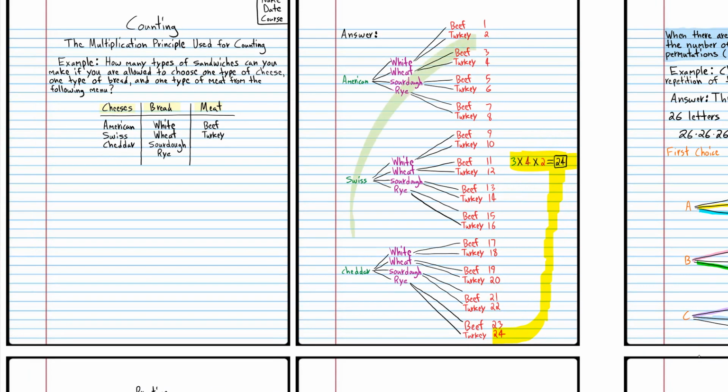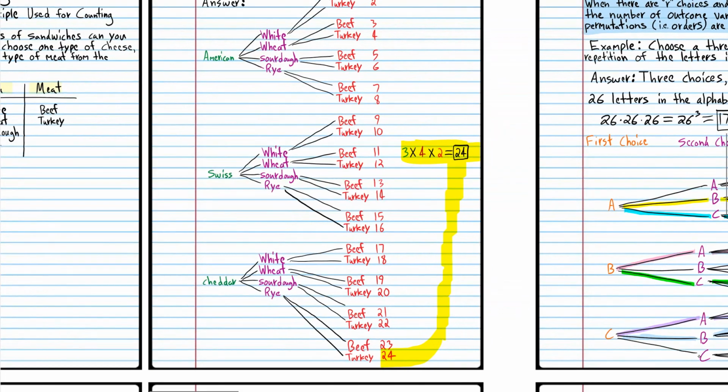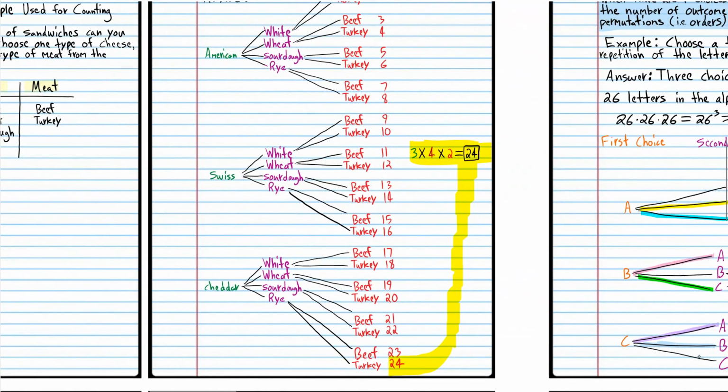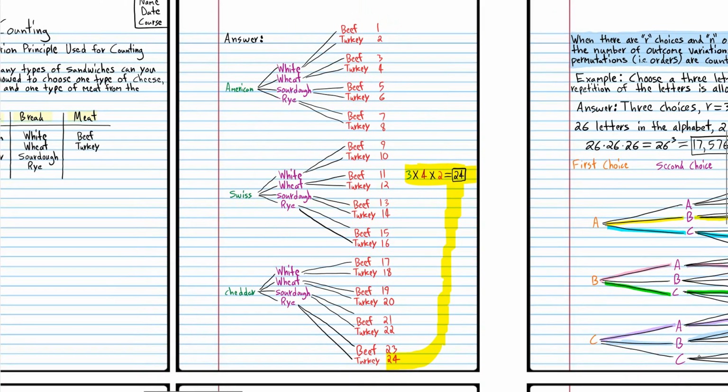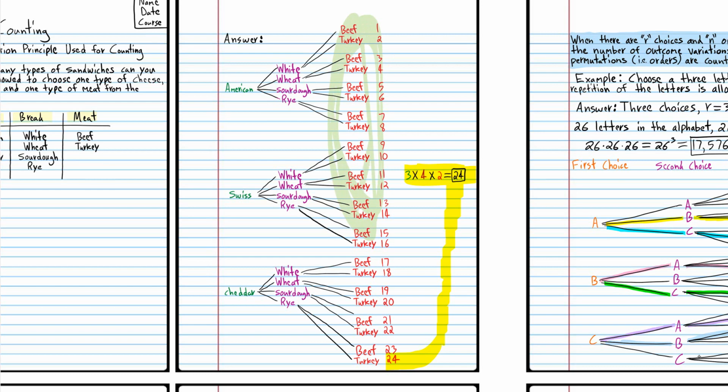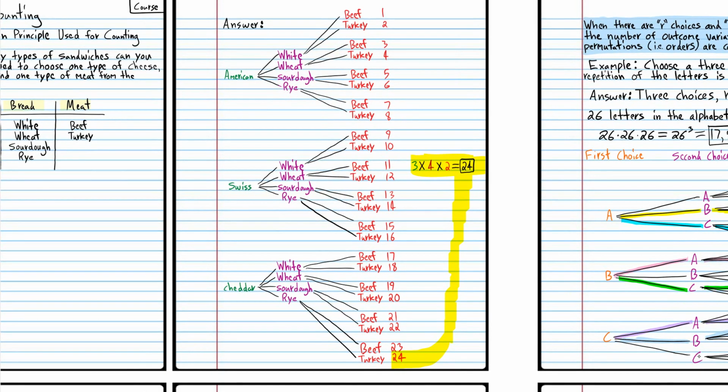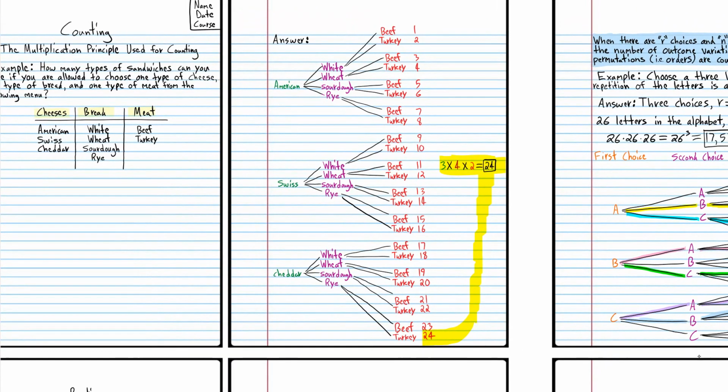But we don't want to draw a tree diagram every time we do a problem like this. That would take too long. So we use, again, something we call the multiplication principle. If we take the number of options in the first choice, which would be 3, and multiply that by the number of options in the second choice, which is 4, and then multiply that by the number of options in the third choice, which is 2, then we get the number of variations of sandwiches that we can make.